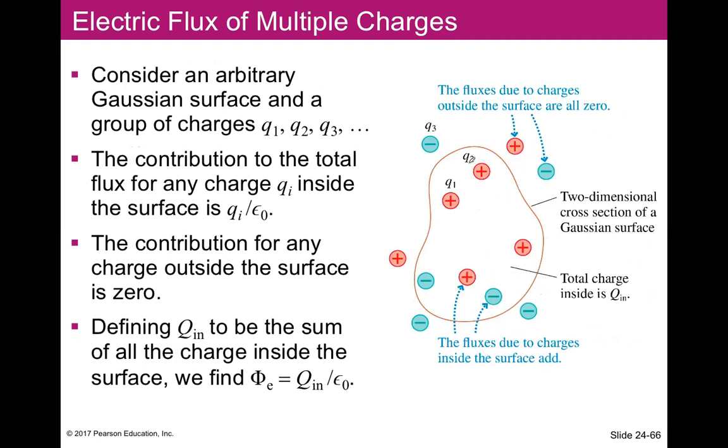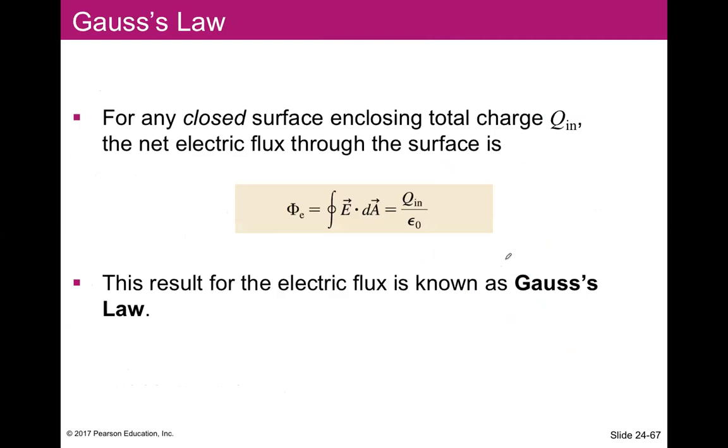And in Gauss law, phi, or the flux, equals Q over epsilon. Q is simply the sum of all of the charges inside the Gaussian surface. So here is the formal equation of Gauss law: flux equals Q over epsilon 0.